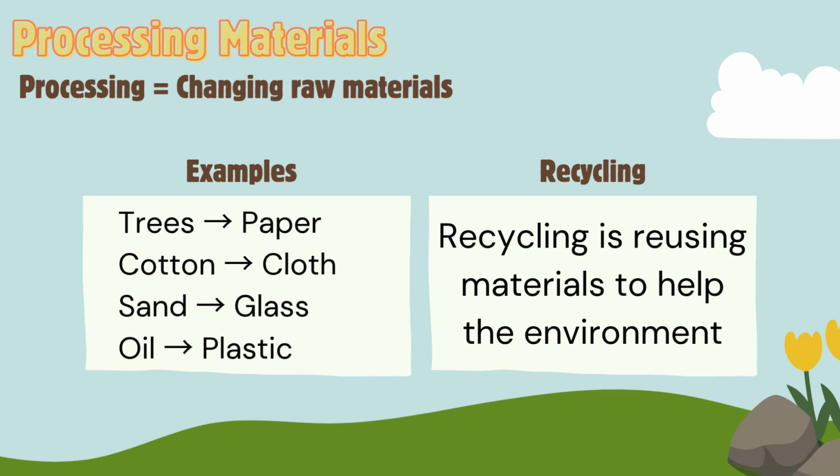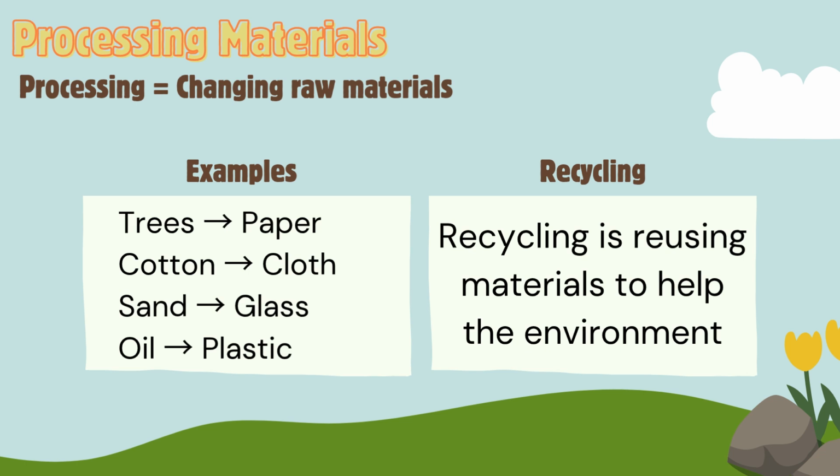Okay, processing materials. This is when it is turned from natural materials to human made. So processed materials. It's changing from raw materials or natural materials to human made. So for example, we process natural things to make them more useful.